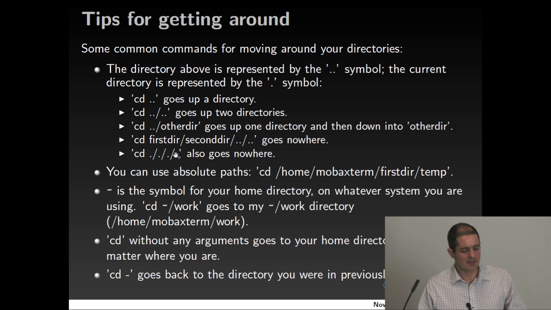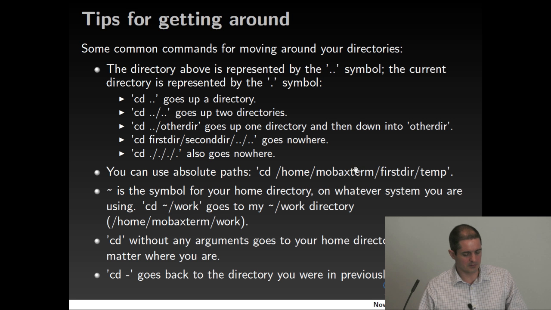Of course, you can use an absolute path if you know where your file or directory is in the hierarchy. You just type it in, starting from the root. The tilde means the home directory. So instead of typing the full home path, you just type cd tilde, and that will represent your home directory.